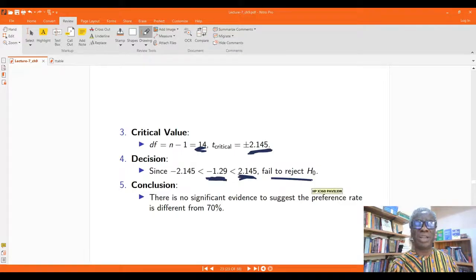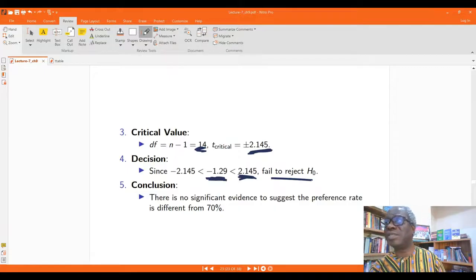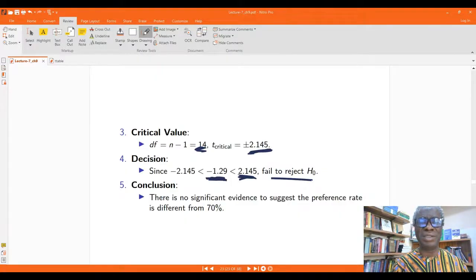We can conclude in this case that, for the claim in the null hypothesis, we don't have sufficient evidence to reject that claim.